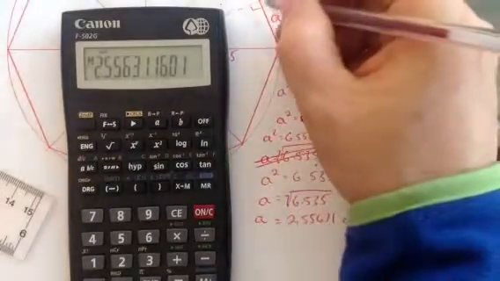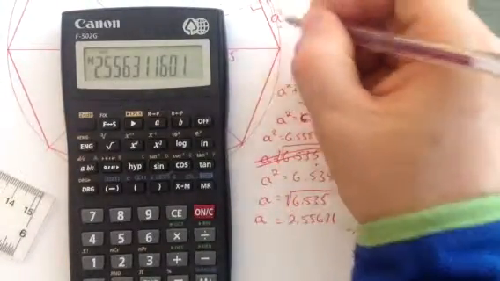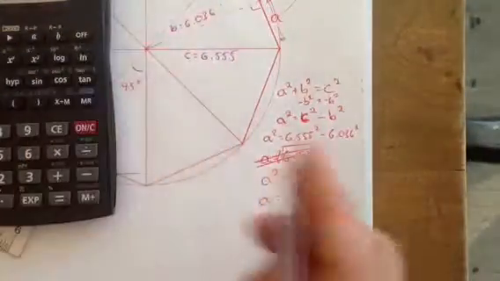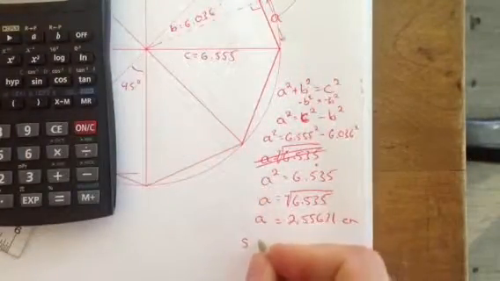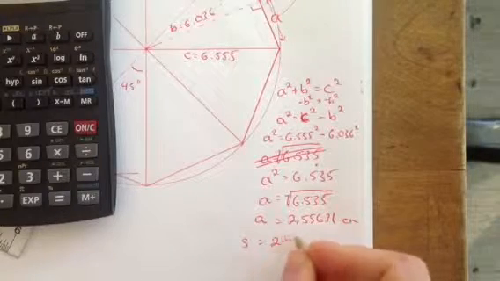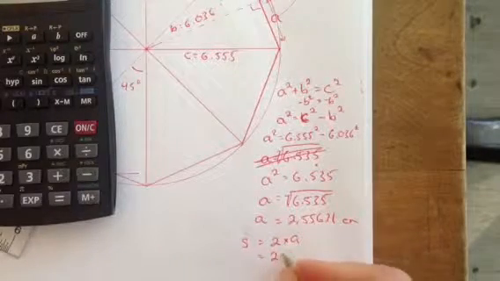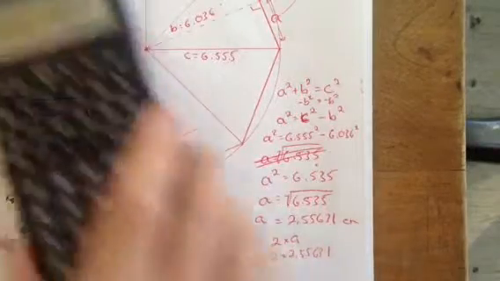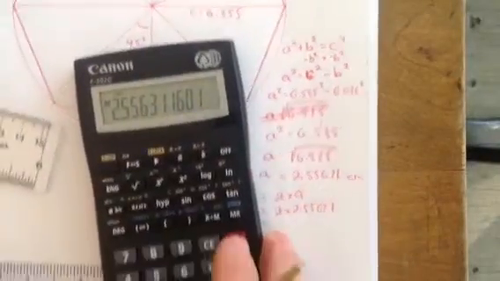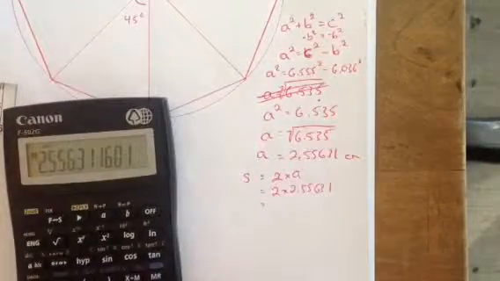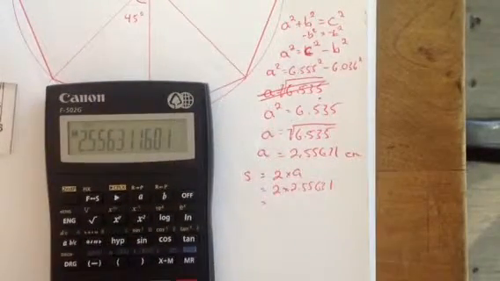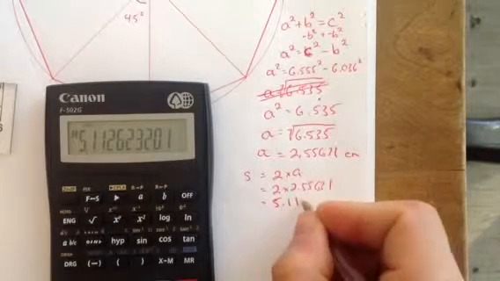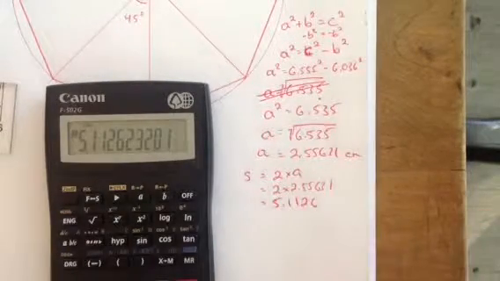Now remember, A is only from here to there. It's not the whole side length. So the whole side length is going to be 2A. So S, the side length, is going to be 2 times A. Okay, which is 2 times 2.55631, which is this number, times 2, which is 5.1126.